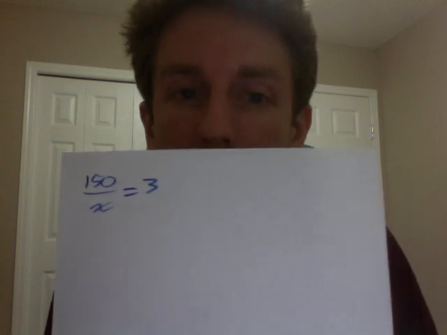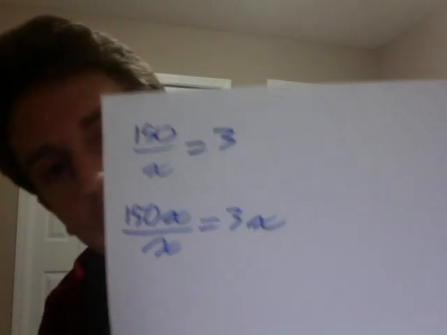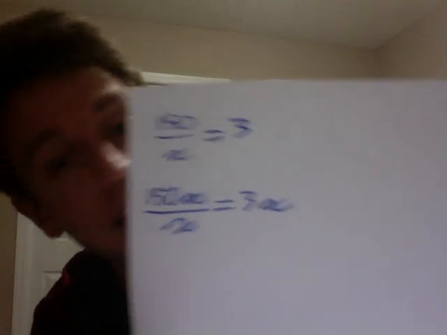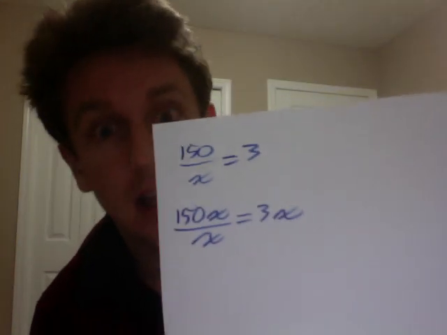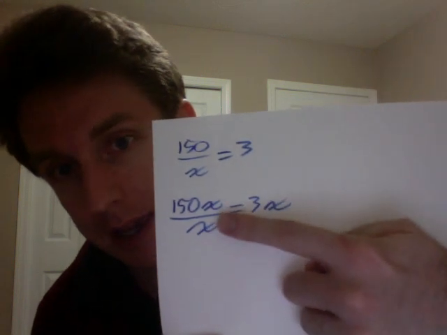In order to get x by itself, now that x is on the bottom, instead of multiplying both sides by a number, we're going to multiply both sides by x. And so we're actually going to get rid of x on one side and see it reappear on the other. So 150x divided by x equals 3x. We've multiplied both sides by x. I didn't write the multiplication symbol because when there is no symbol at all, we know it's multiplication.